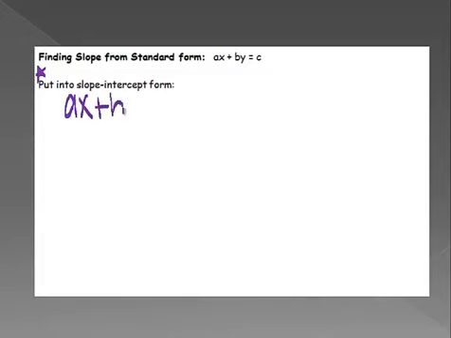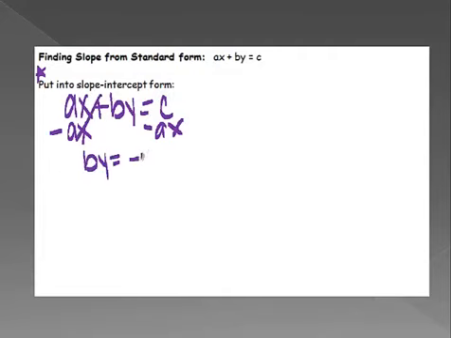Ax plus by equals c. So if you want to put this in slope-intercept form, you would have to get the x term on the other side, so you'd have to subtract the ax. So you would have by is equal to negative ax plus c. But then you'd have to get rid of whatever number's in front of y. Let's say it was a 5 or something. Divide by b, divide by b, divide by b.